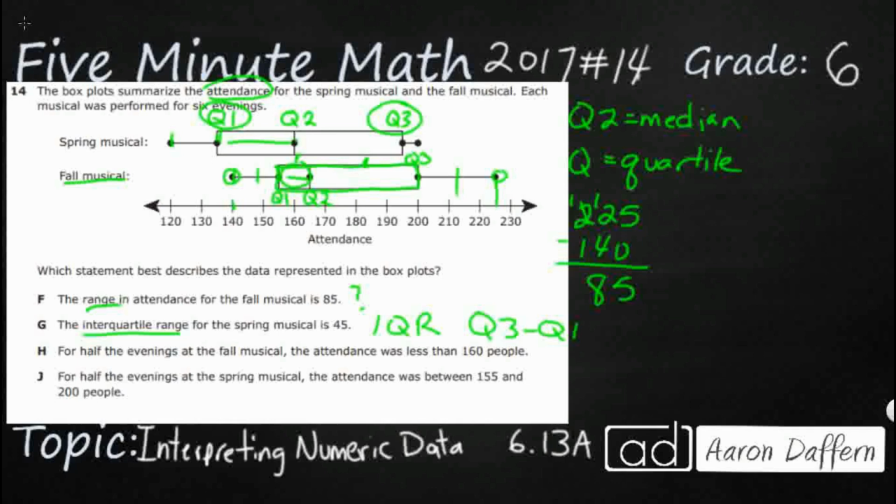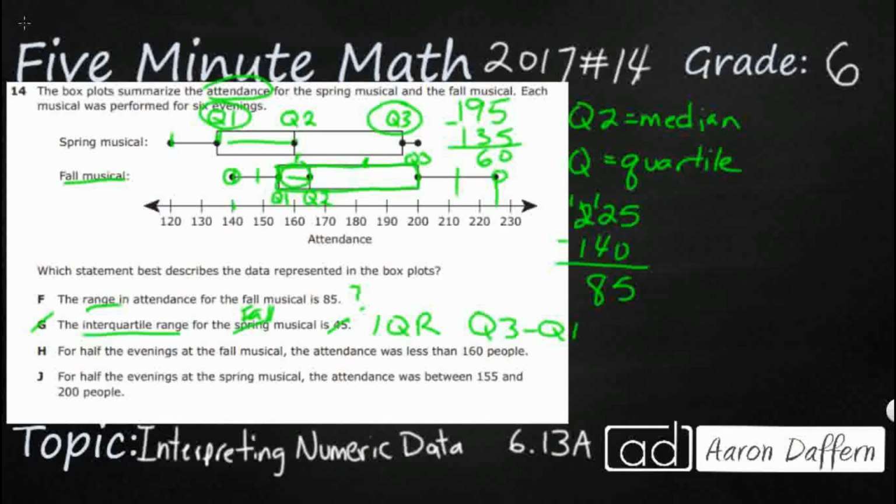So we're going to say it's 195, and that's 135. So the interquartile range, the IQR for the spring, is 60, not 45. Guess where that 45 comes up? That 45 is actually the IQR of the fall. If you had said the fall, you'd be correct.